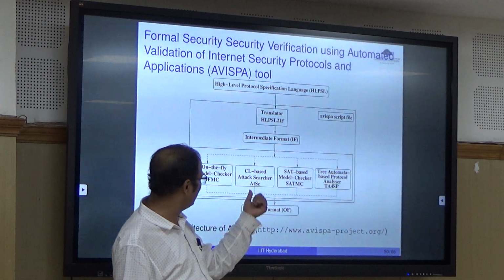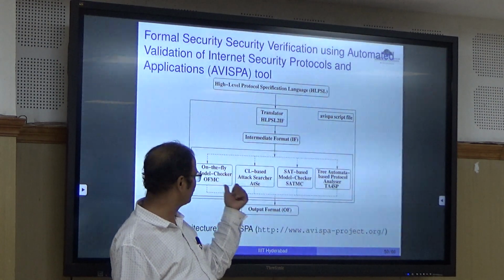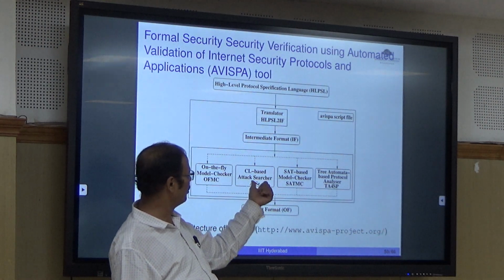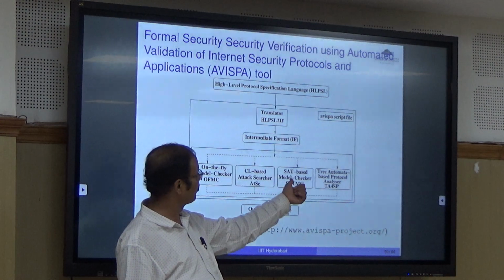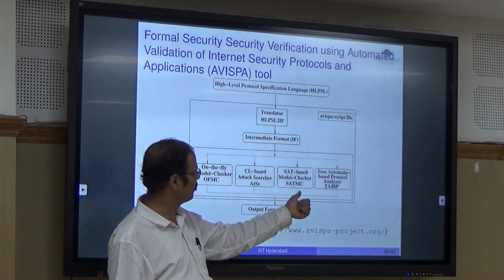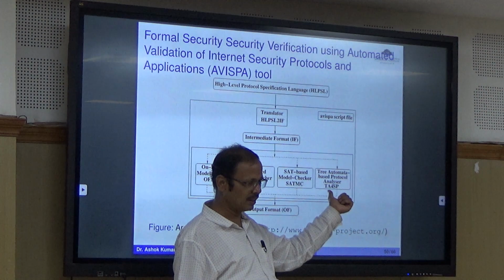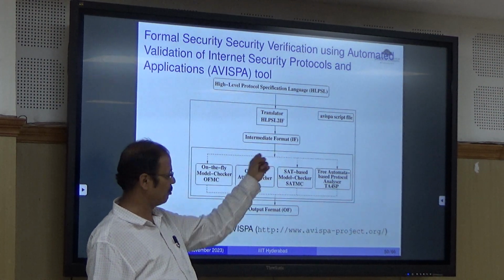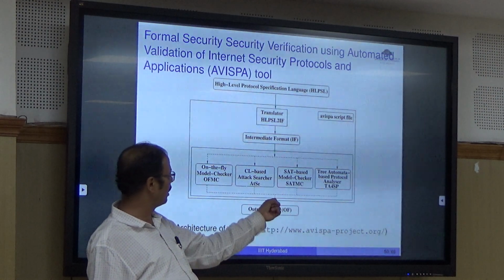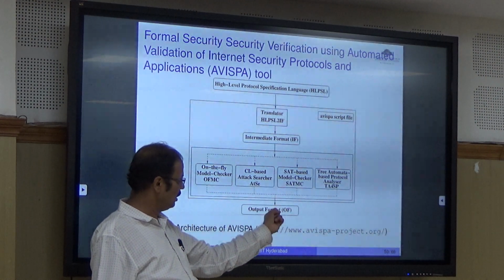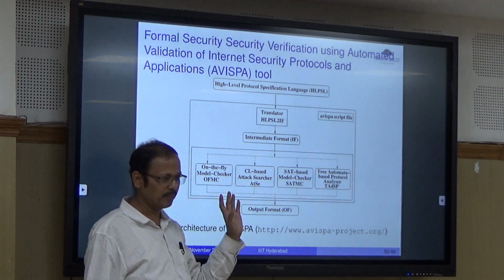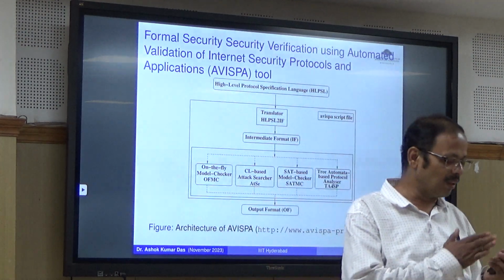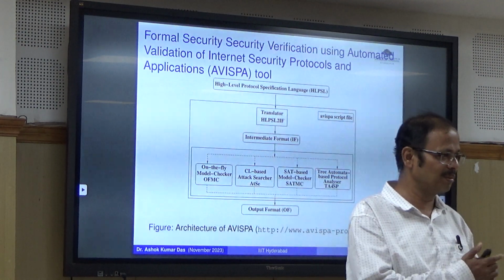Then AVISPA currently supports four kinds of backends. One is known as the on-the-fly model checker, then the constraint logic based attack searcher, the SAT-based model checker, and the tree automata based protocol analyzer. Now you feed this to one of the backends, for example if you run using OFMC or CL-AtSe, it will give the output format. The output format precisely tells two things: either your protocol is safe or it is unsafe.